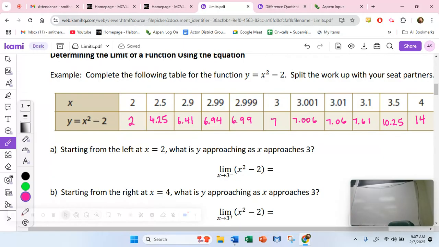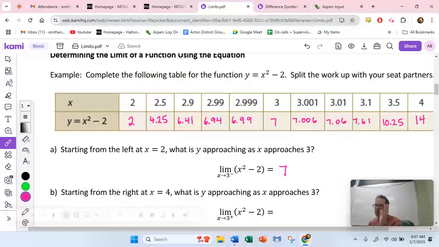So this notation here is saying, as you approach x from the left, from the negative side of 3, the value of this function, x squared minus 2, we showed that as x approaches 3 from that side, our values approached 7. 2, 4.25, 6.41, 6.94, 6.99.